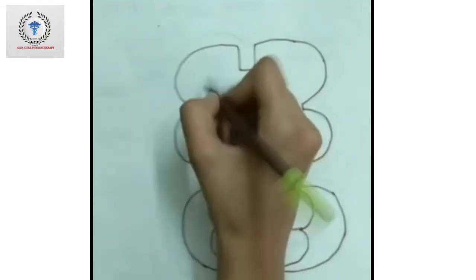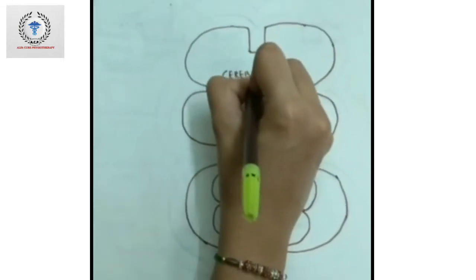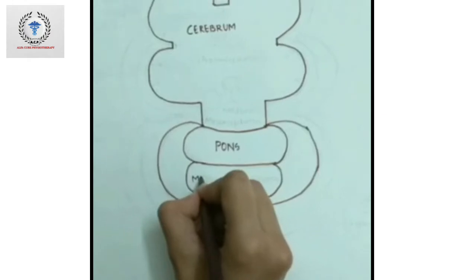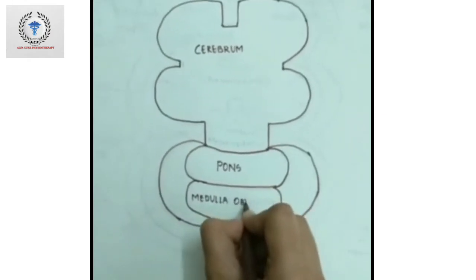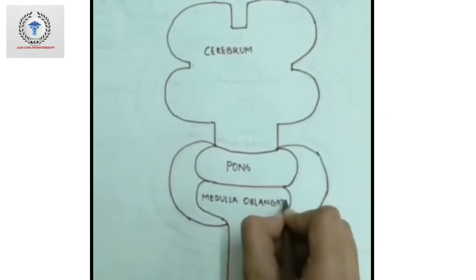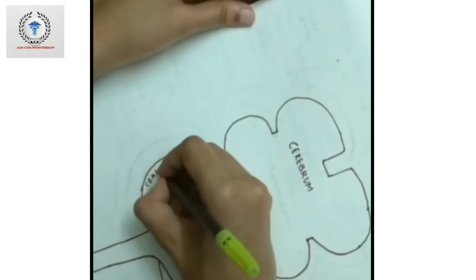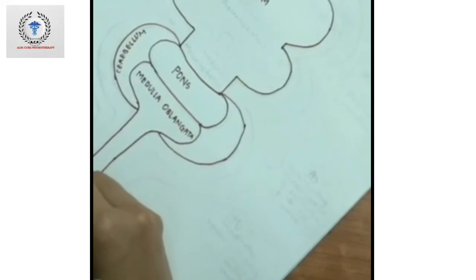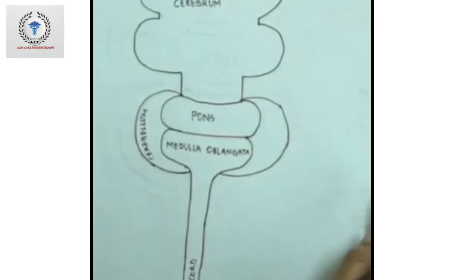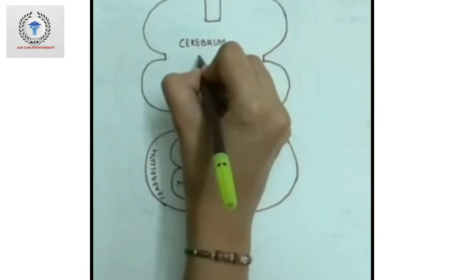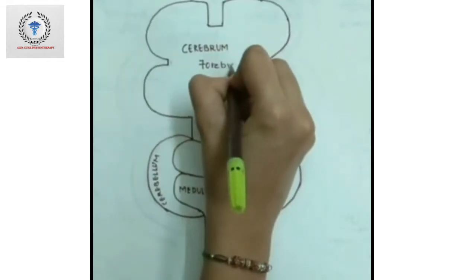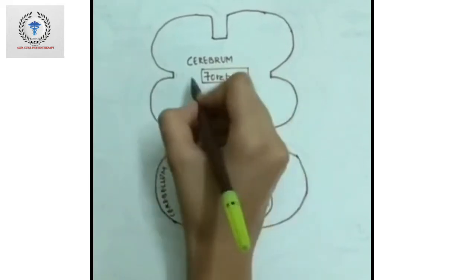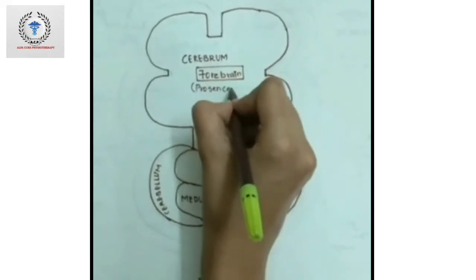This structure is called a cerebrum. Pons, medulla, and the both side is cerebellum. This is spinal cord. This part is called as forebrain or prosencephalon.